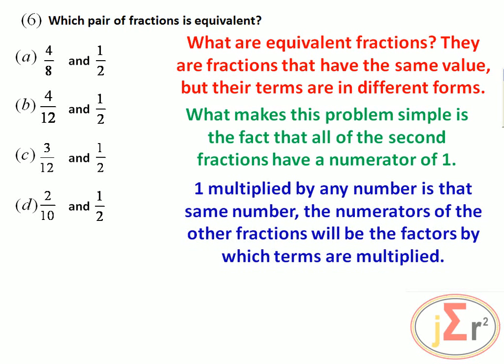So we are going to investigate all of these pairs of fractions for equivalence. We are going to try to see if we can get these fractions to turn out to be the same in the end. But what number do we multiply by?